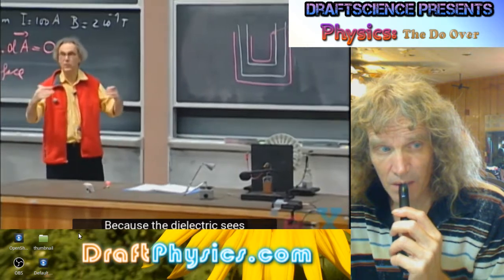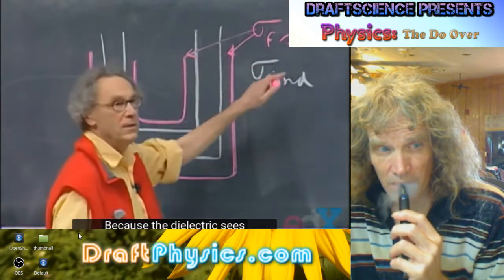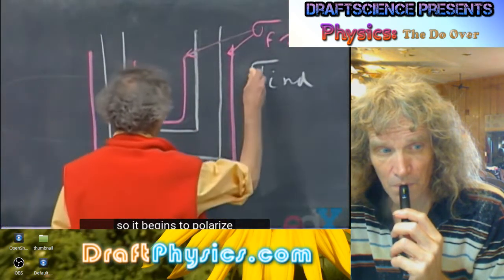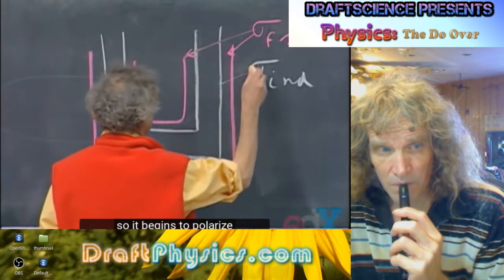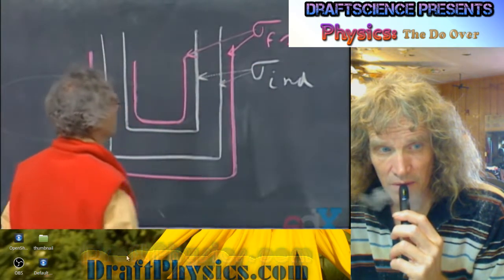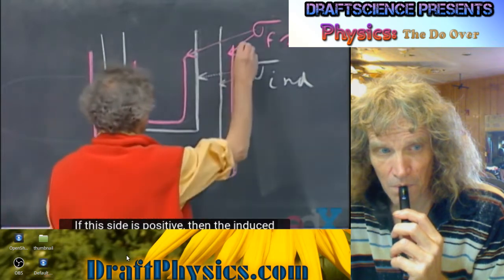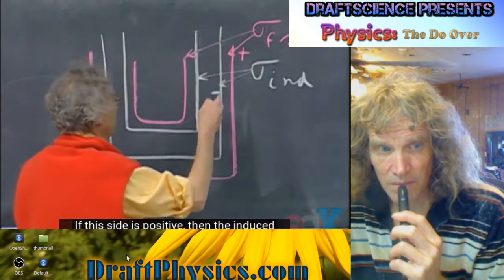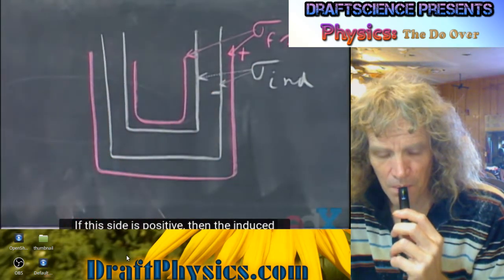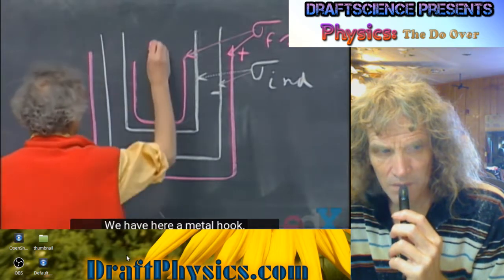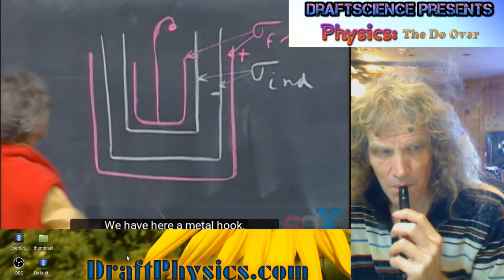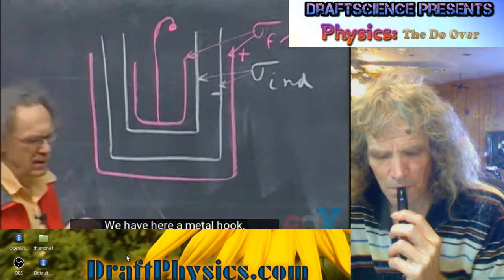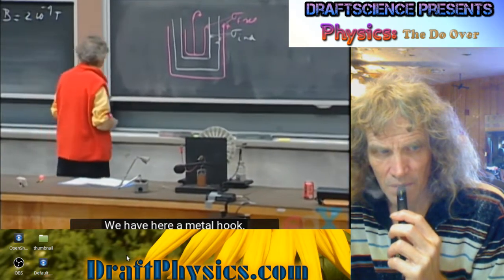Because the dielectric sees an external field due to this sigma free. And so it begins to polarize, and so you get induced charge here, and you get induced charge there. If this side is positive, then the induced charge here will be negative, and vice versa. We have here a metal hook so that we can lift out the inner portion.